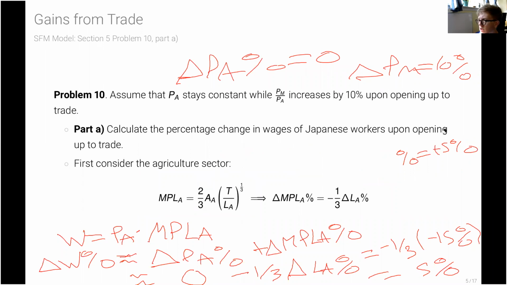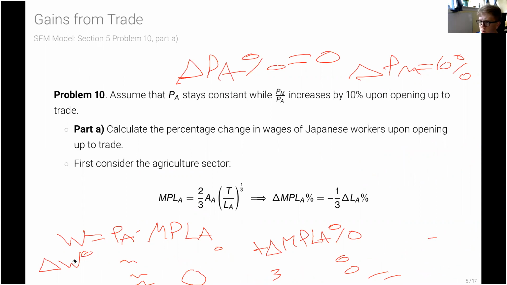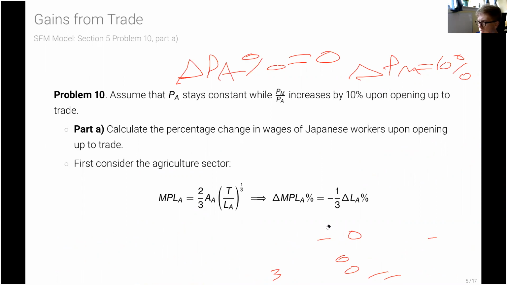However, just to confirm that if we go through the math for manufacturing, it comes out to the same answer, let's also try to figure out the percentage change in wages of Japanese workers upon opening up to trade in manufacturing. Okay, so it's going to be very similar. So I'm going to do a very similar type of thing here for manufacturing.